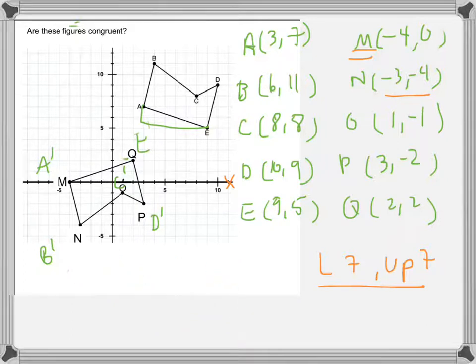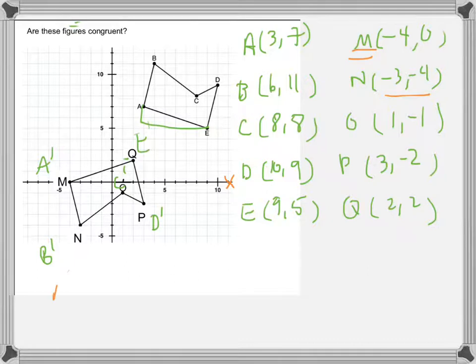Okay, so again, we're just going to do a guess and check here. I wonder if I can reflect across the y and then translate. Or I wonder if it's a rotation, because rotation also changes the orientation. So maybe it's a rotation and then a translation.